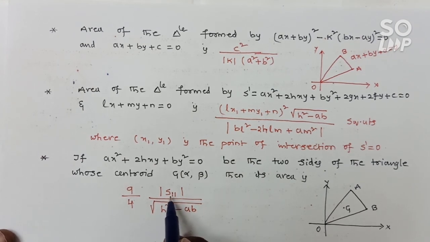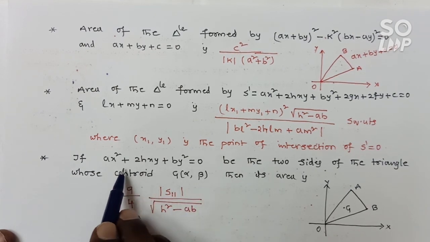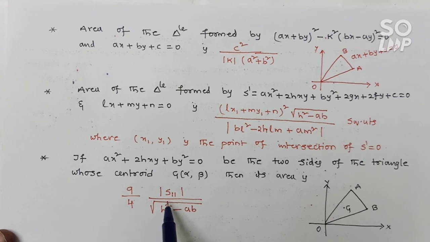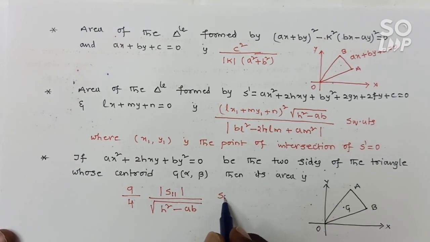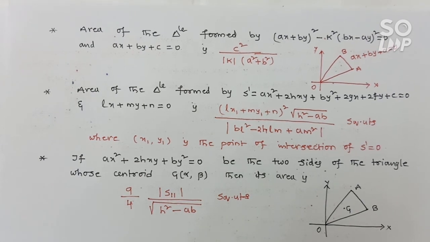What is meant by S double one? Now you substitute the point alpha comma beta in this equation. That will be S double one square units. Okay, right. Next, see the next part.